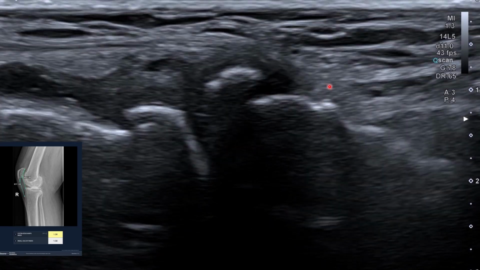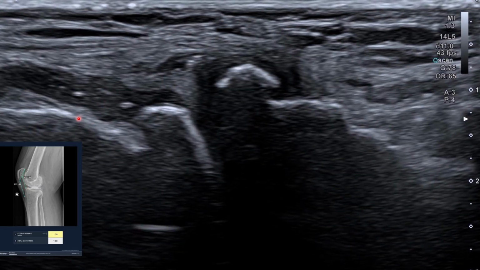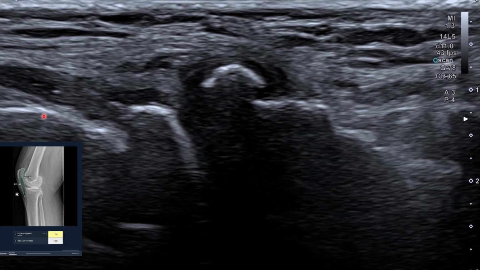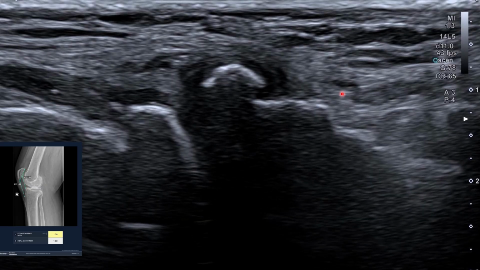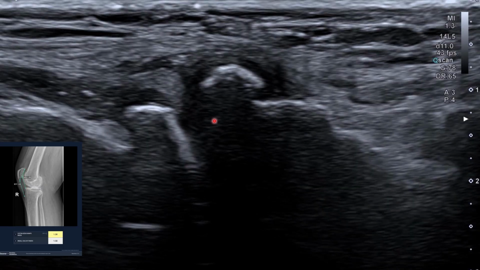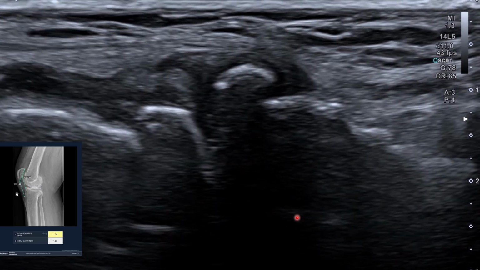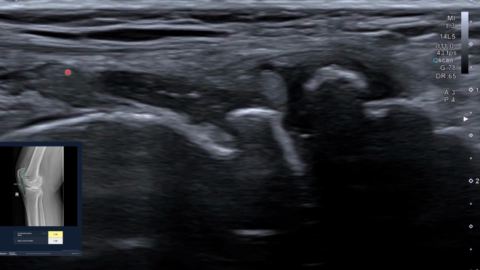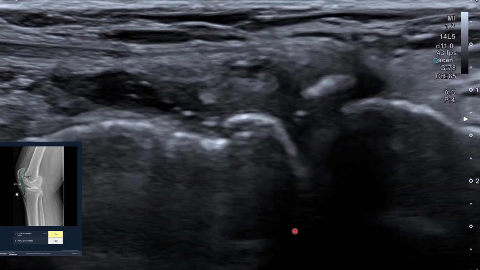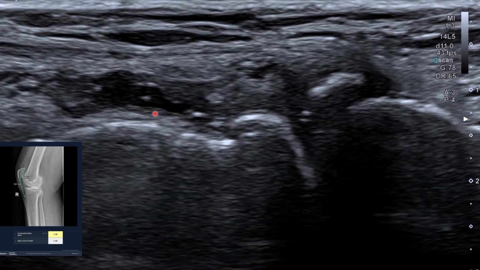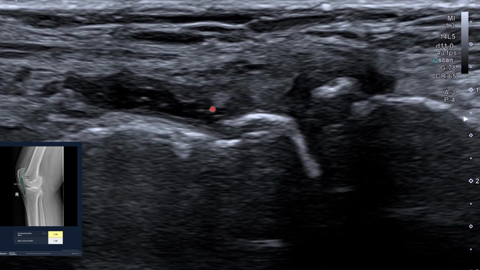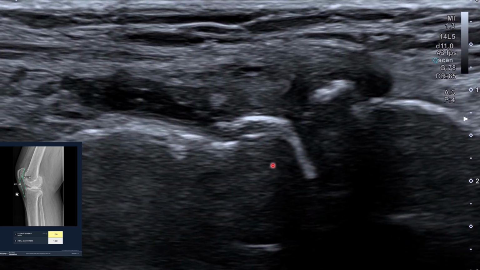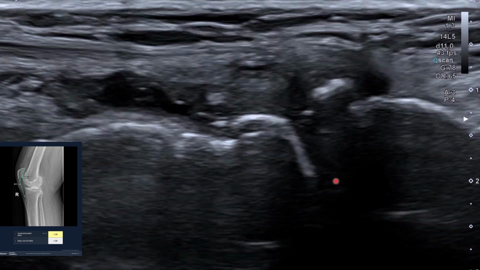We are now seeing that we do have tenosynovitis there, synovitis there, synovial thickening, and see the fluid there. That's the effusion that you're seeing there. So I hope it's all making sense.